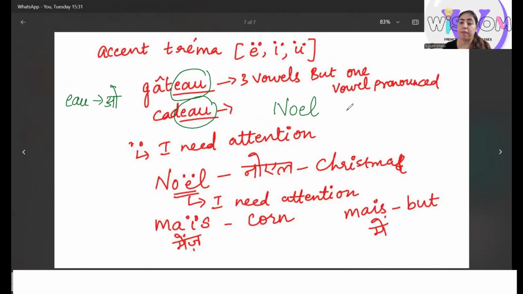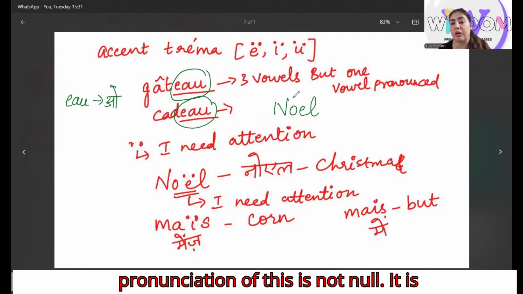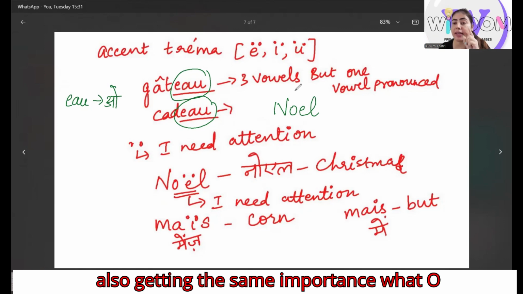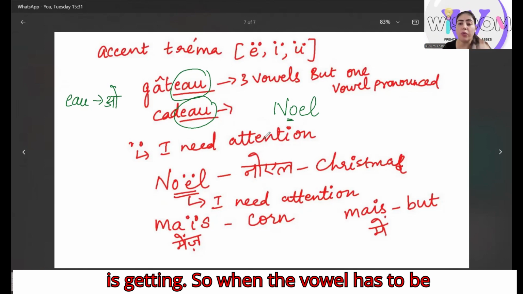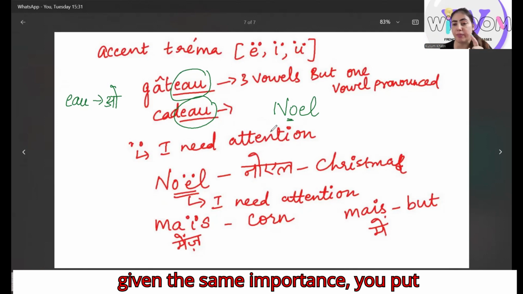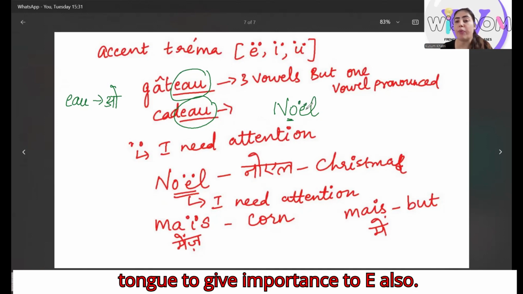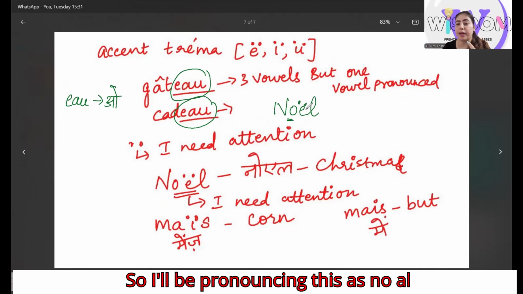But the pronunciation of this is not null, it is Noel. Here E is getting the same importance that O is getting. So when the vowel has to be given the same importance, you put the Tréma accent. Now I have to stop my tongue to give importance to E also. So I'll be pronouncing this as Noel, Noel.